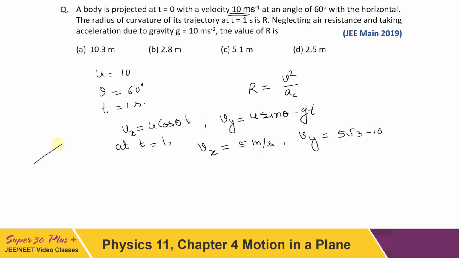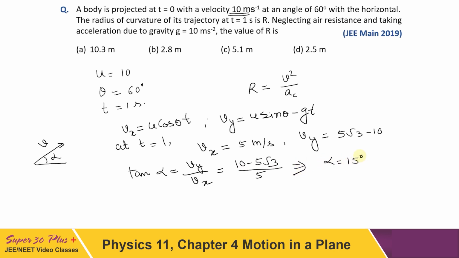So if this is the velocity vector and let this be the angle it is making with the horizontal direction, tan alpha can be written as Vy upon Vx, that is equal to (10 minus 5 root 3) divided by 5. That will give you alpha is equal to 15 degree.